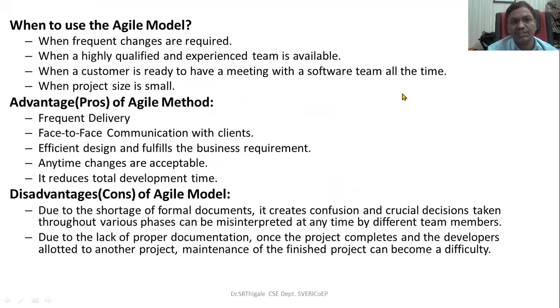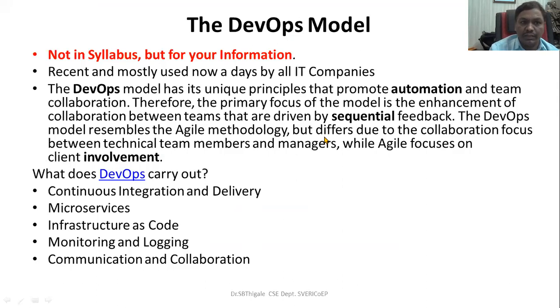Advantages, disadvantages, when to use the agile model. Then coming to the next, the next model we are discussing is the DevOps model. It is not in your syllabus. Listen to what I'm saying. It is not in your syllabus, but most companies have started implementing it.